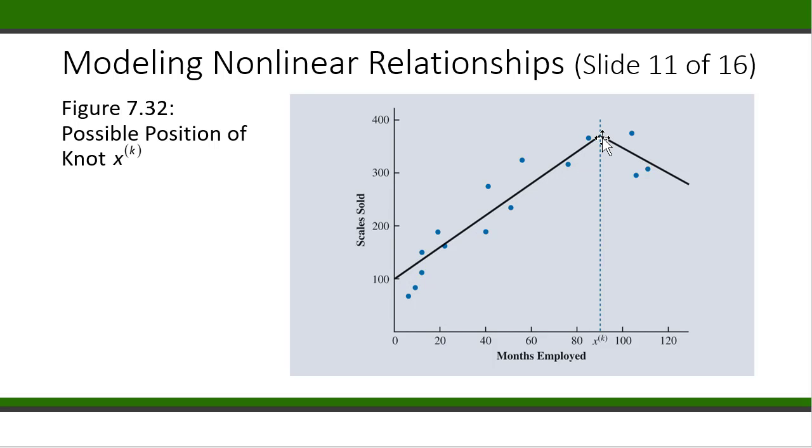So what they're saying is if it's less than the knot here, that dummy variable gets a 0. Once you cross this knot line here, the dummy variable gets a value of 1 when you're representing it in your data.